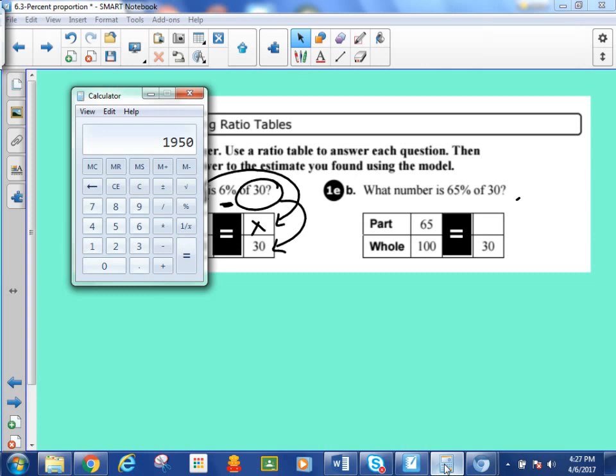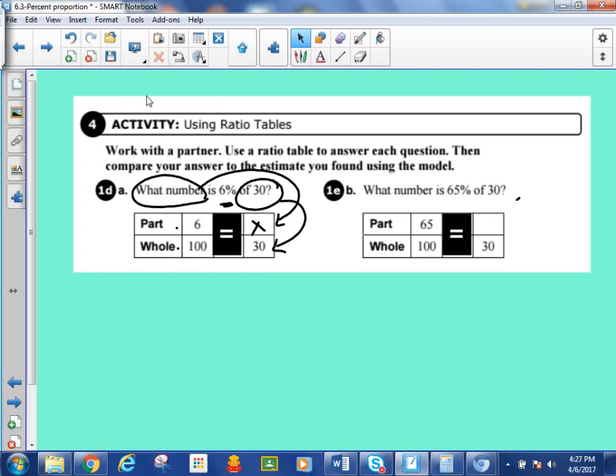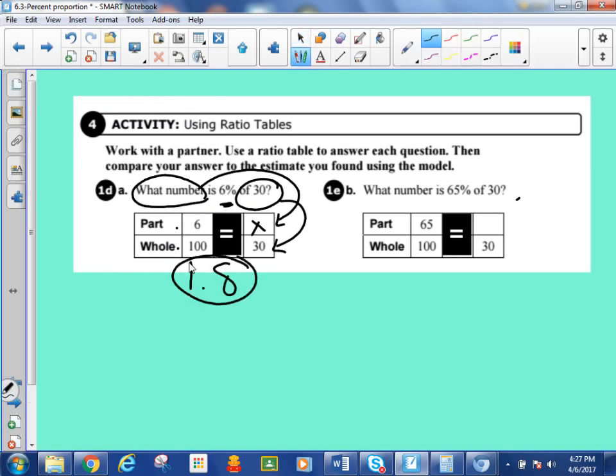So I take 6 times 30, which gives me 180, and then I divide that by 100, which gives me 1.8. And is that in between 1.5 and 3? Yes, it is. All right, so that will give me my answer, 1.8. Hooray.